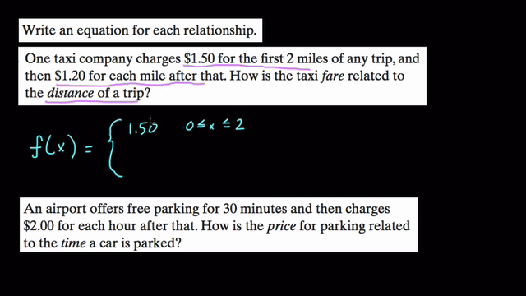Now, what happens after 2 miles? You can think about modeling this out. You have $1.50 plus $1.20 for each mile after 2 miles. If I drove 3 miles, it would be $1.50 for the first 2 miles, and then you would add $1.20 for the 1 mile after 2 miles.